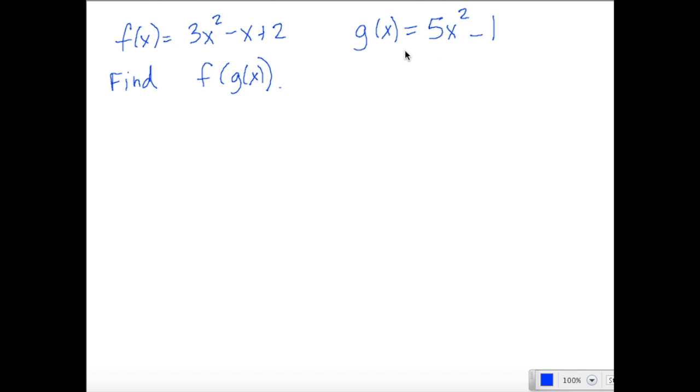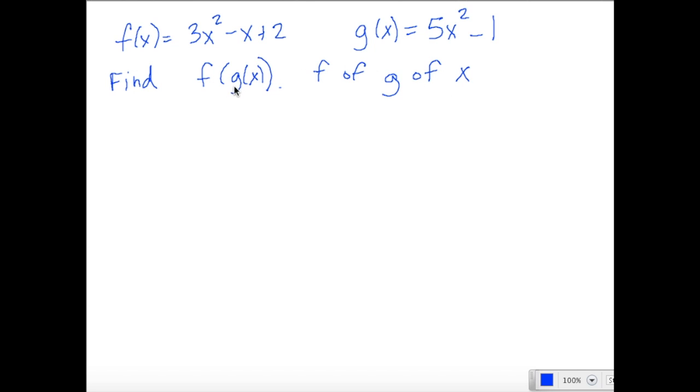G of x is given as 5x squared minus 1, and f of x is given over here. Now, what does f of g of x mean? F of g of x.